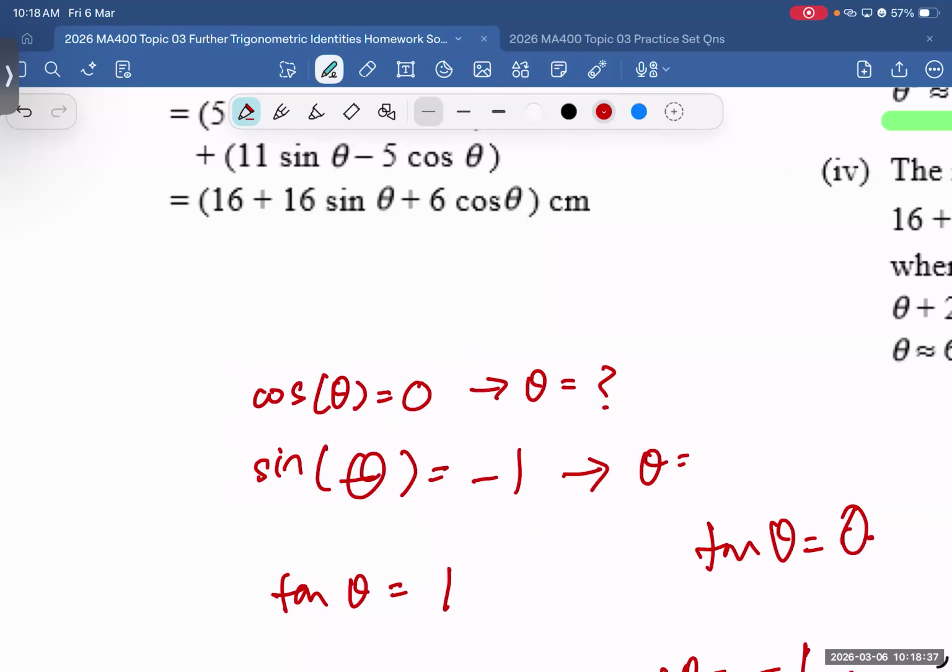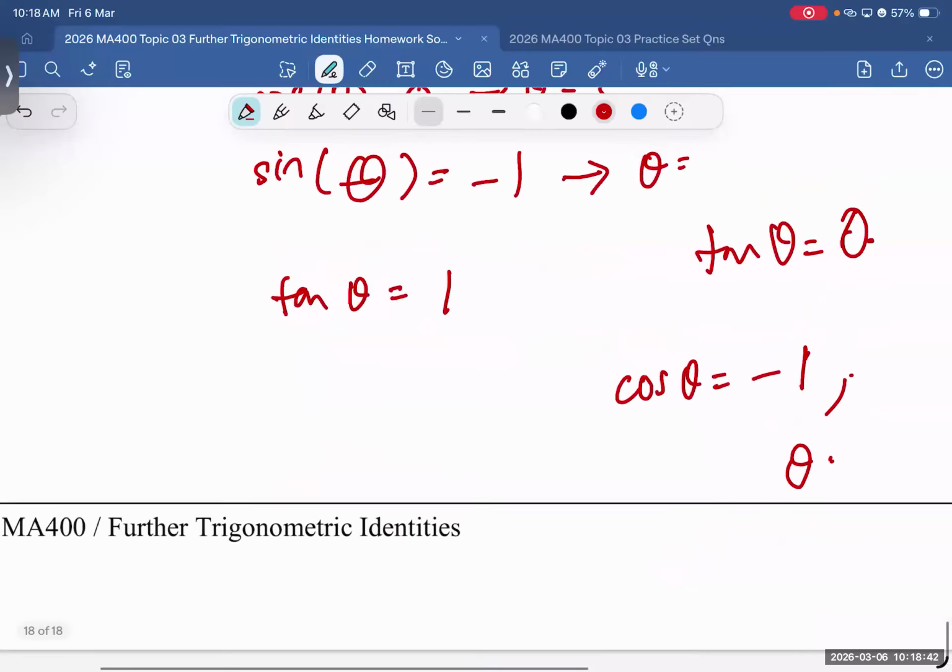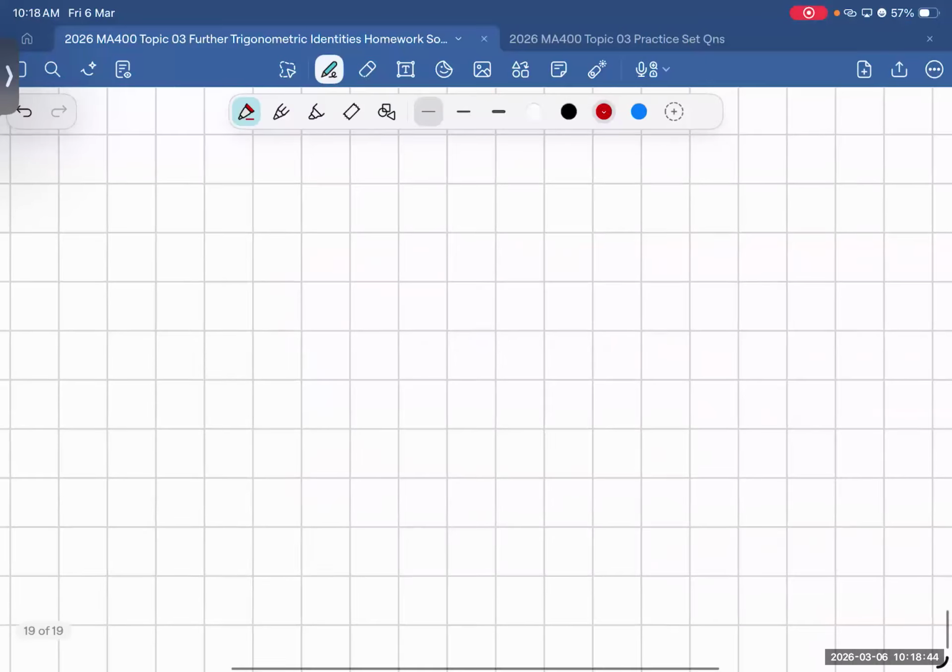Okay, now, Isabella, cosine theta equals 0. What is theta equal to? 270. Correct.